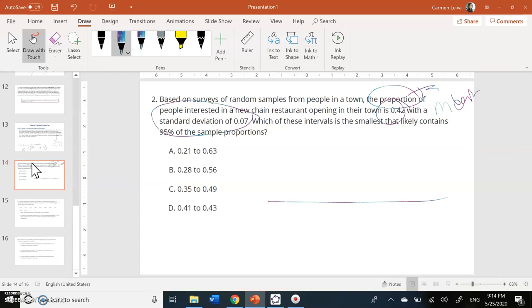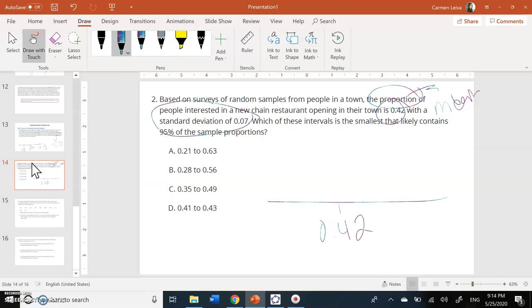Since you need to have the central measurement of the normal distribution, you cannot make it up. They will give it to you, one or the other. So 0.42 is your mean, in this case the proportion of people interested, and then the standard deviation is 0.07.